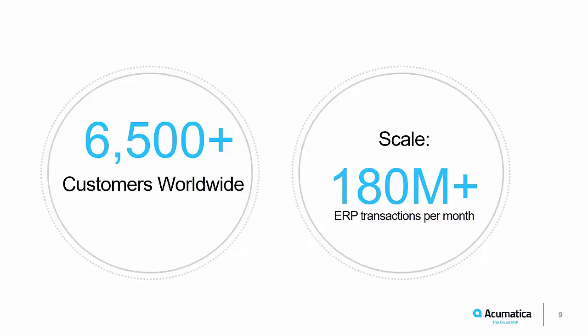I wouldn't doubt if that number is more like 7,000, but again, we can only talk about the published numbers. A lot of customers, a lot of adoption in the field, because it is a great platform to work with.